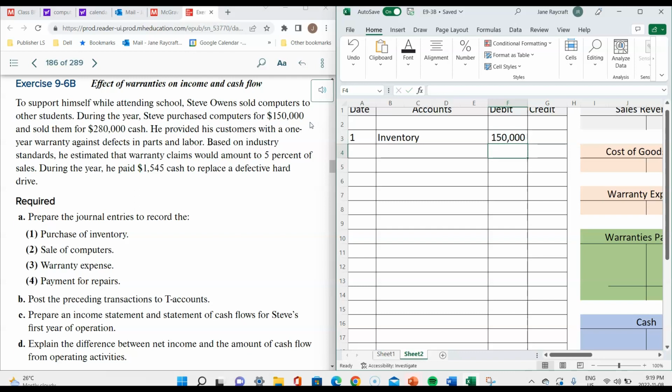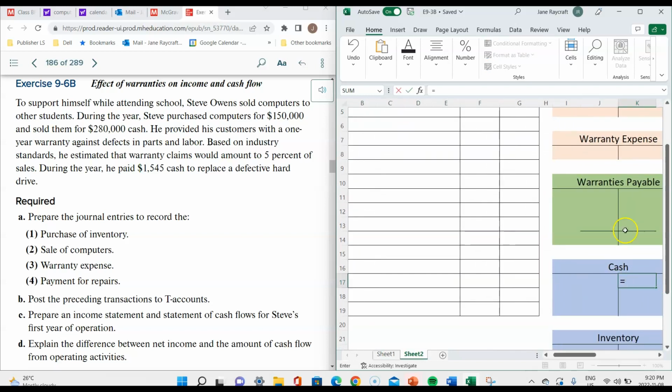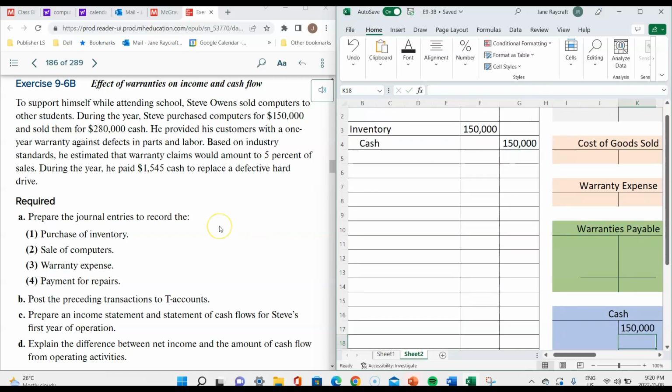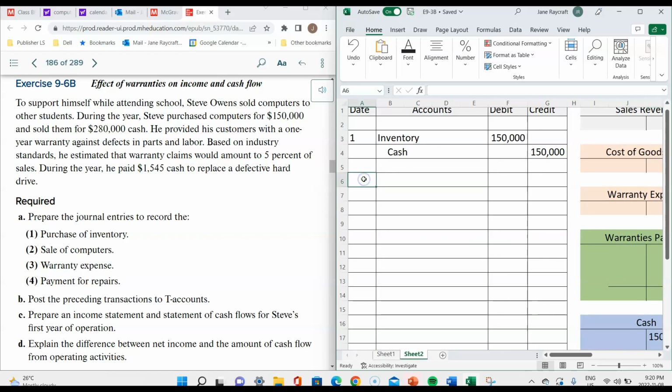A lot of computers, and we're assuming he's paying cash of $150,000. We got to assume that he had some cash in the bank account in order to do that. Maybe he bought them on account. I don't know. It doesn't say that, so we're just going to assume cash. So there we go with that transaction.